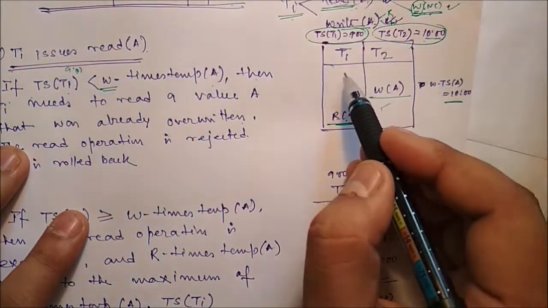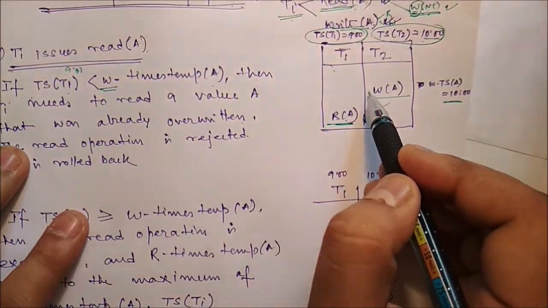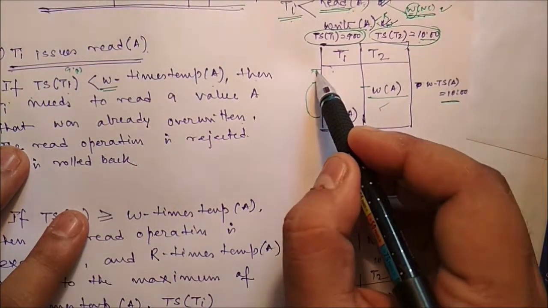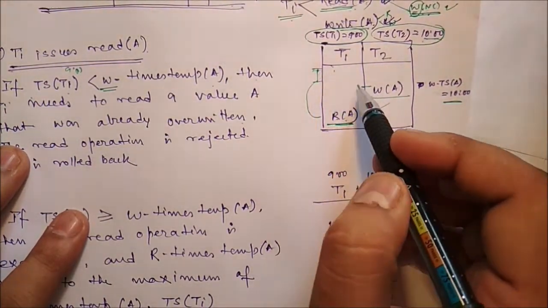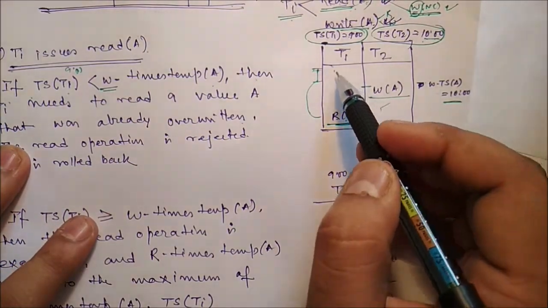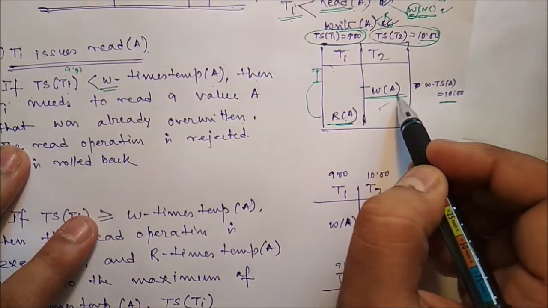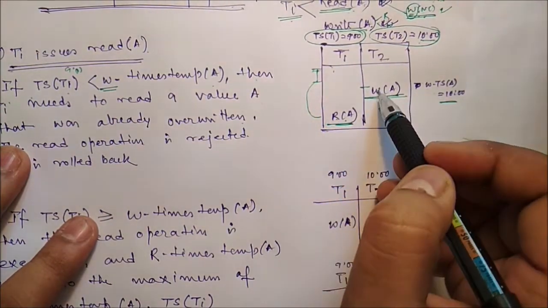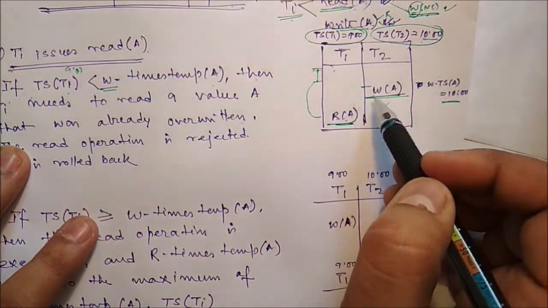So the T1 must read that particular value before that particular write transaction. In this particular case, T1 must read this one, but T1 wants to read after that successful write operation. But the swapping is not possible because both are non-compatible. We cannot read somewhere here after that.